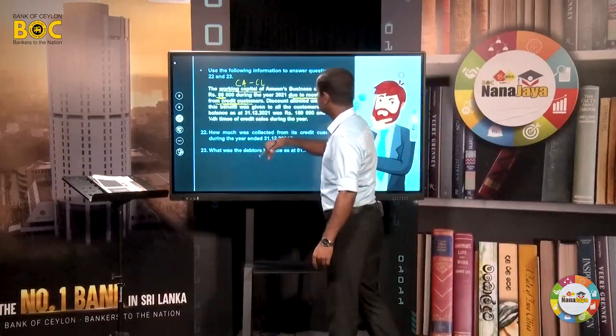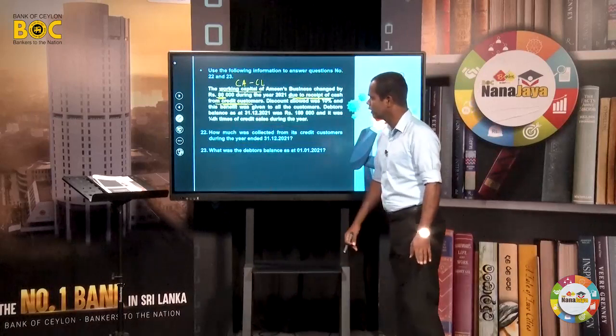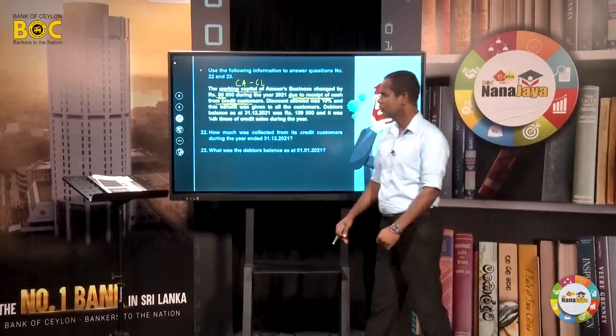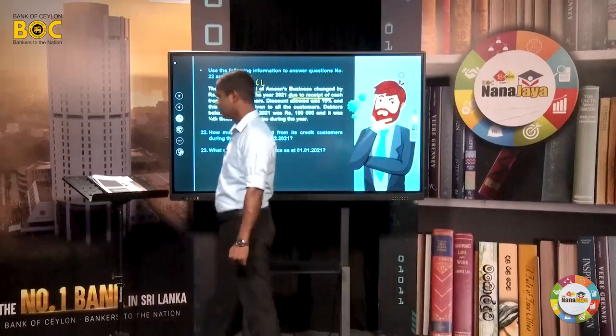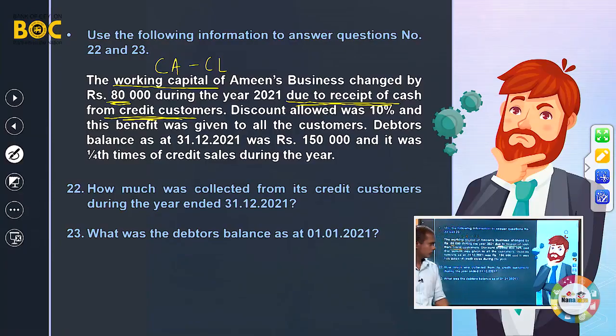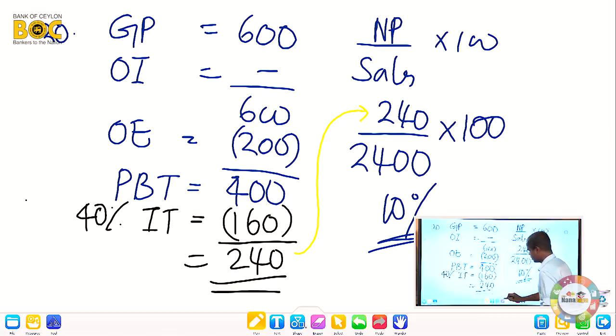Working capital change due to receipt of cash from credit customers. Now assume 100 worth of your debtors pay cash. What's the double entry?